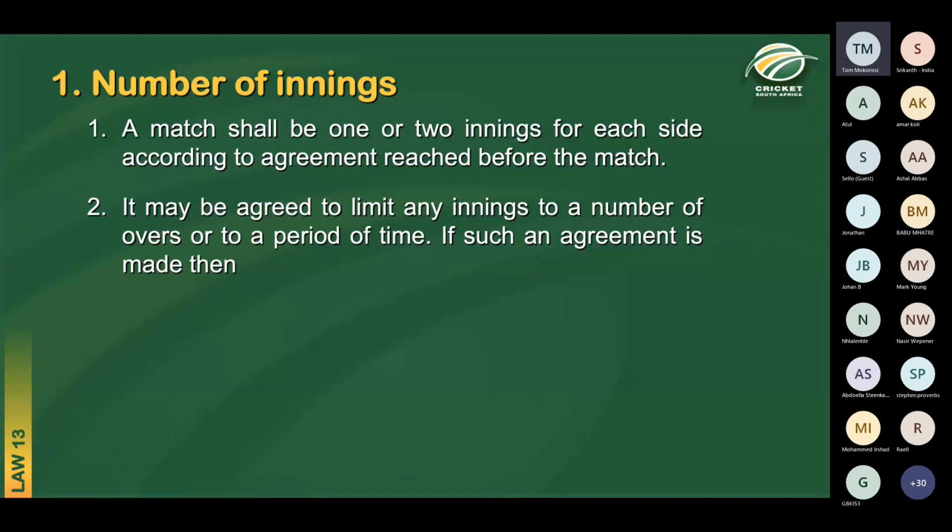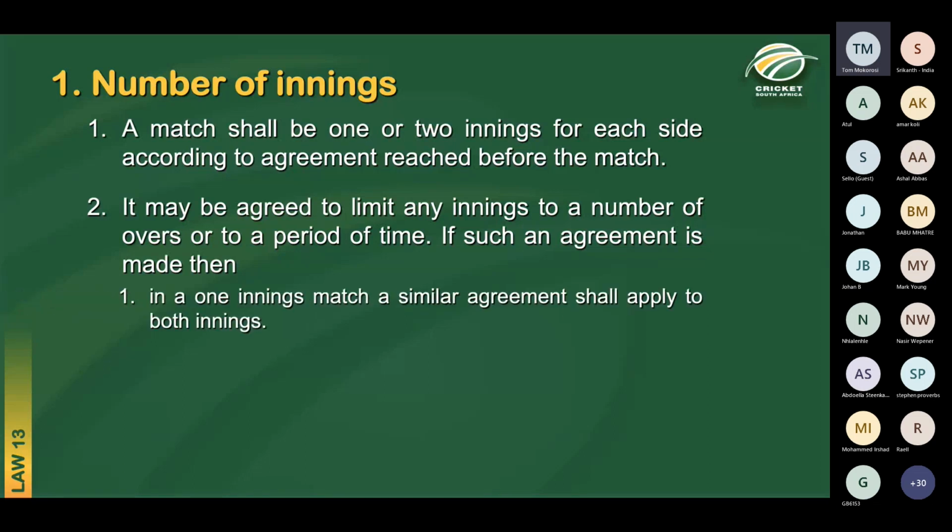It may be agreed to limit any innings to a number of overs or to a period of time. If such an arrangement is made, then in a 1 innings match, a similar agreement shall apply to both innings. So a perfect example of this is one-day internationals, where each side gets a chance to bat for 50 overs.